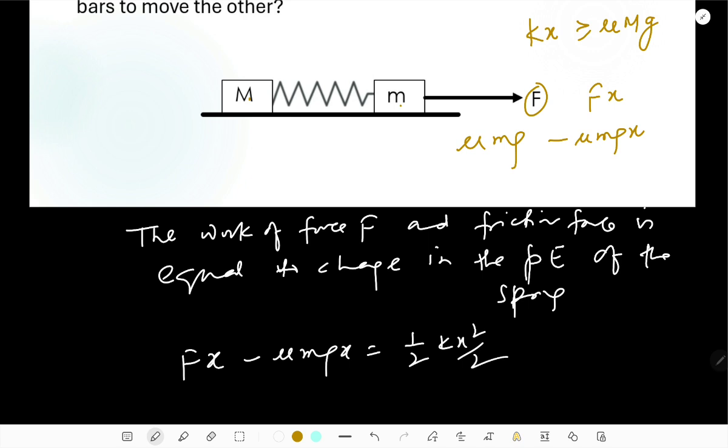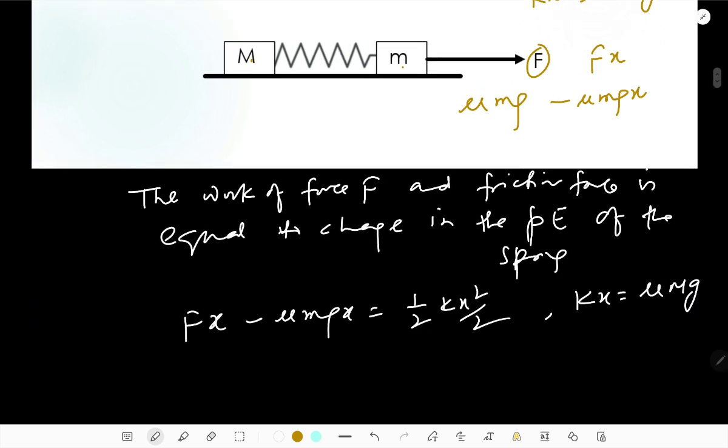And you just put here that kx was equal to mu Mg. So one x will get cancelled out, and then in place of kx if you put mu Mg, you will get your F, and F will come out like mu g times (m plus M) by 2, and that's your answer.